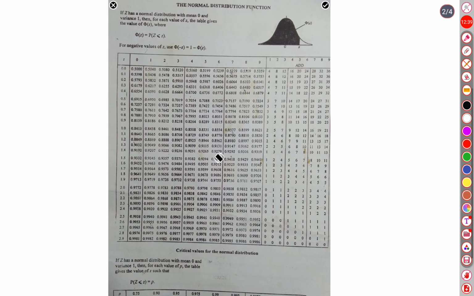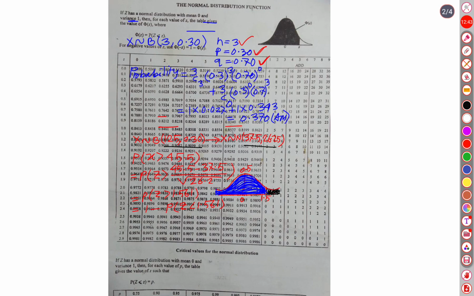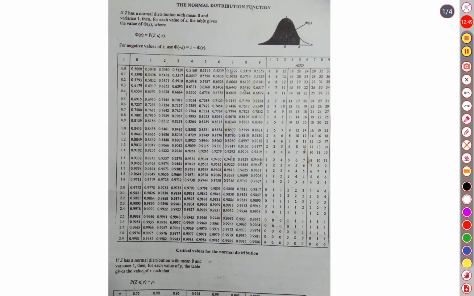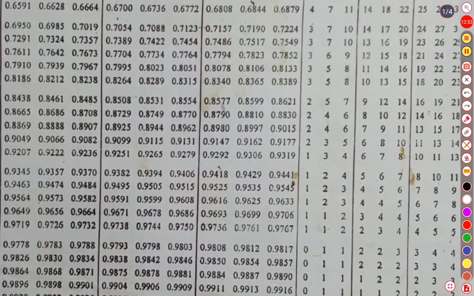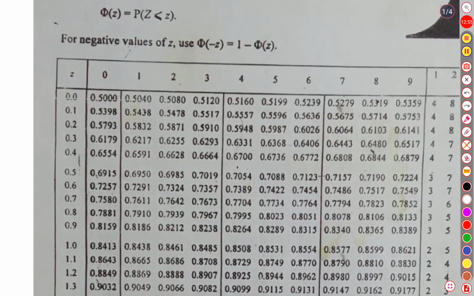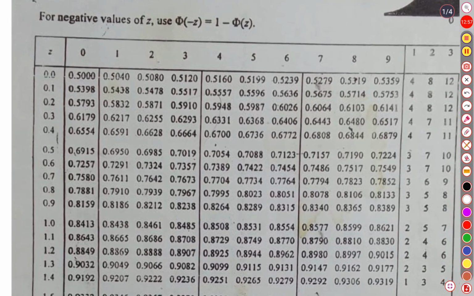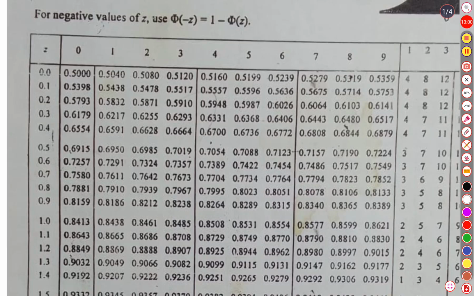Yes, from here. Well, our z-score was, let me zoom it out so that you can see better. Our z-score was 1.561. So let us encircle 1.5.